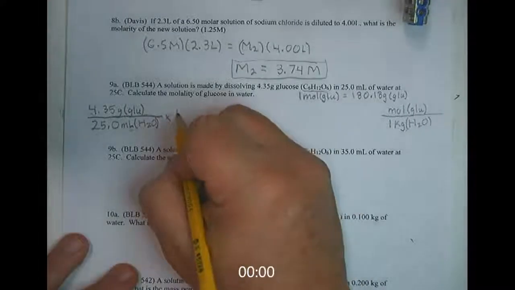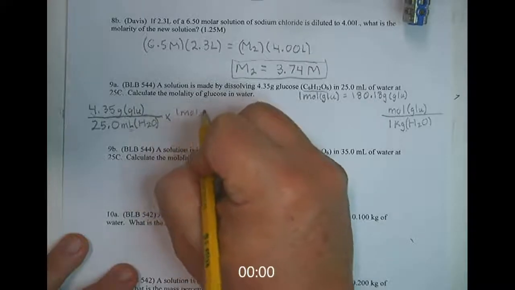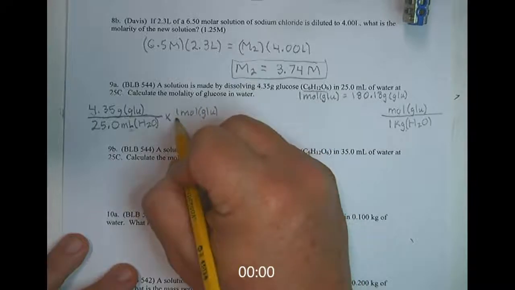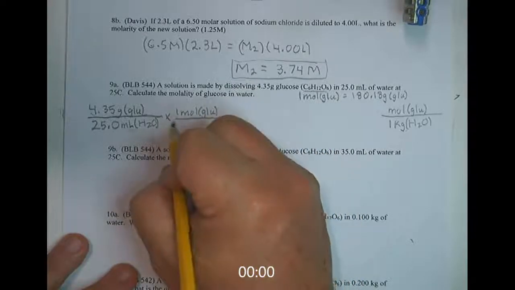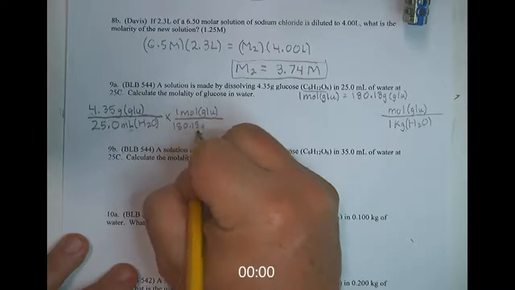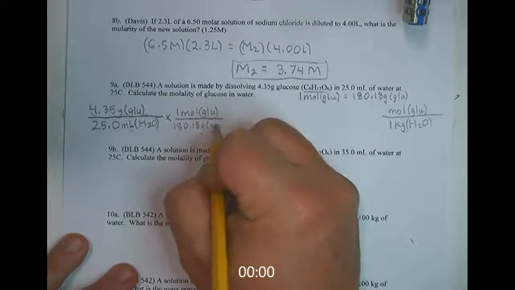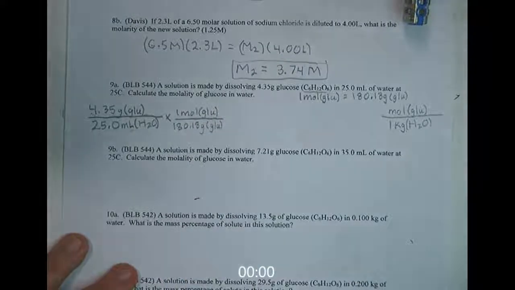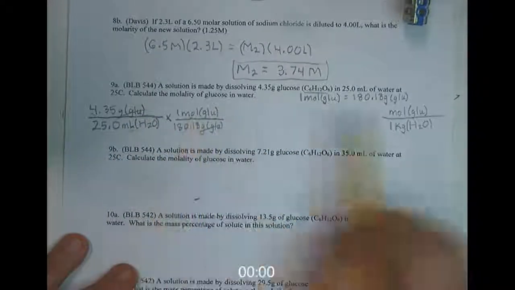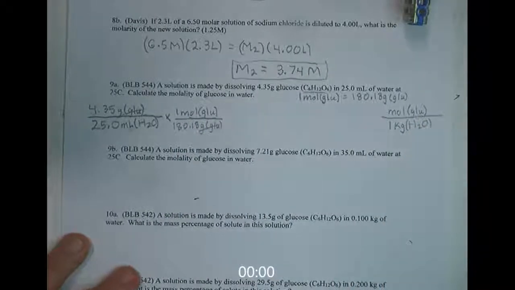So it's going to be 1 mole for every 180.18 grams of glucose. Grams of glucose cancels here and here, and we end up with moles of glucose. So we've taken care of the numerator.